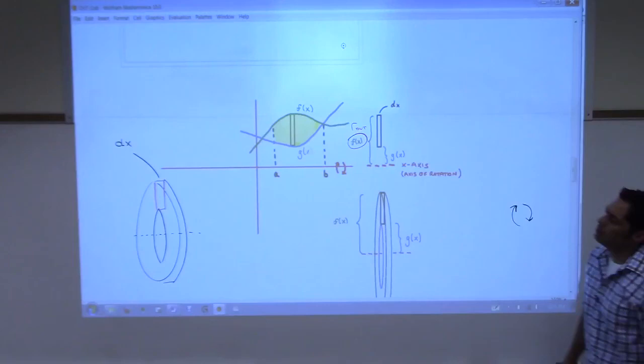If I want to know the volume of this washer, then I need to know really three things. I need to know how wide it is. So how wide's the washer?